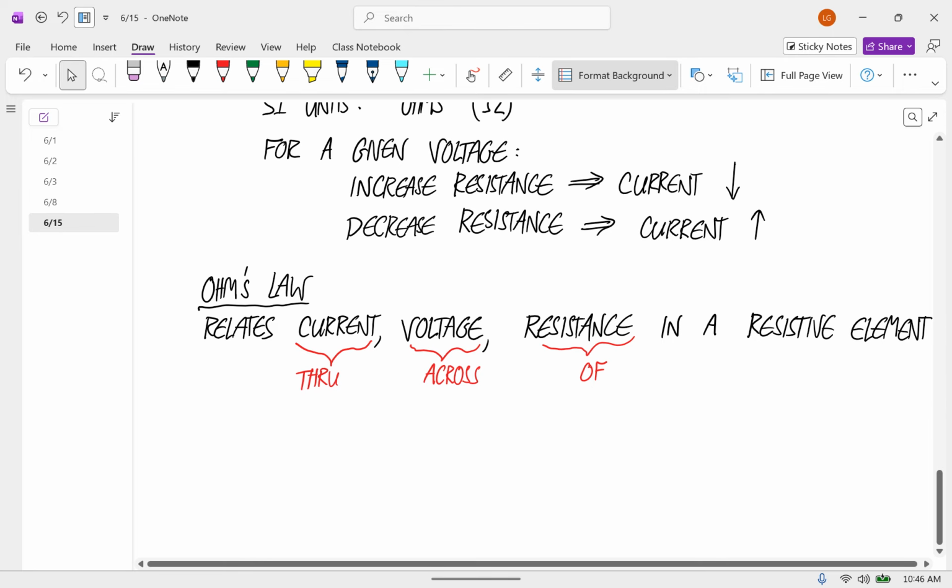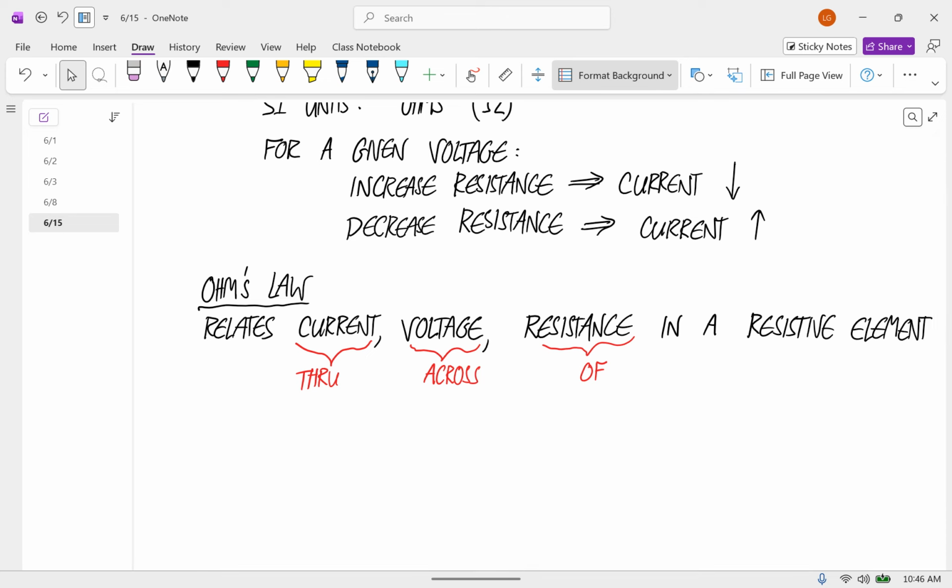What Ohm's law says is for a resistive element, like a resistor, the voltage across the device is equal to the current through the device times the resistance of the device.